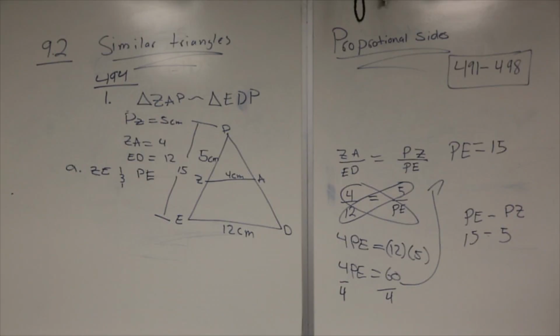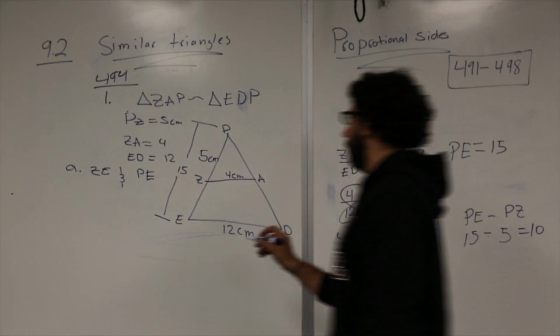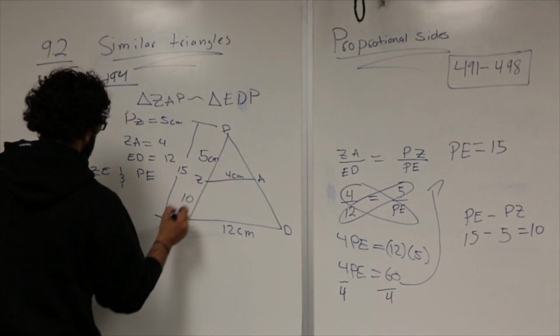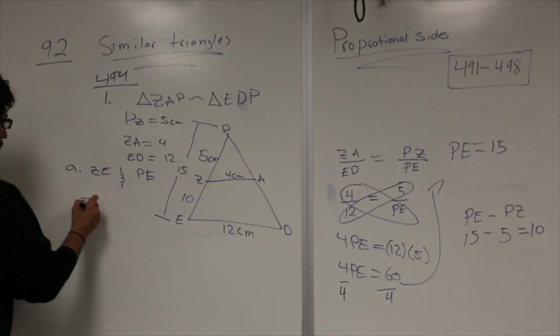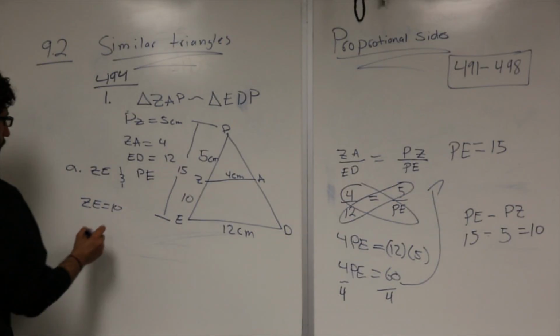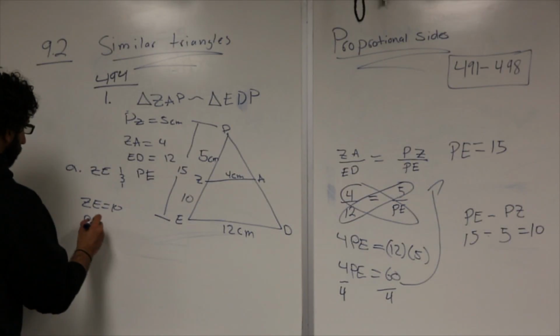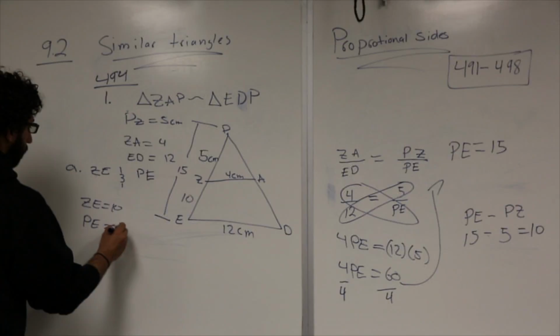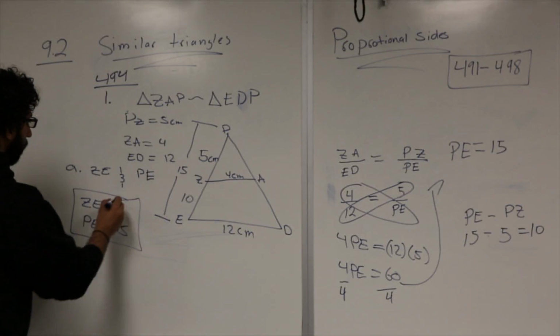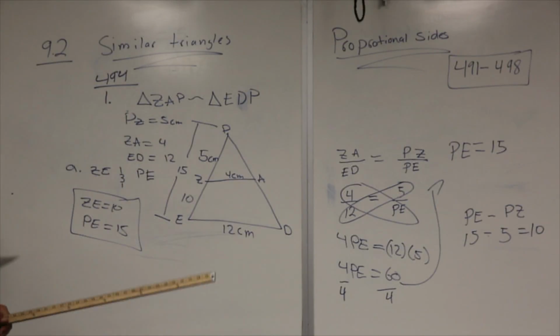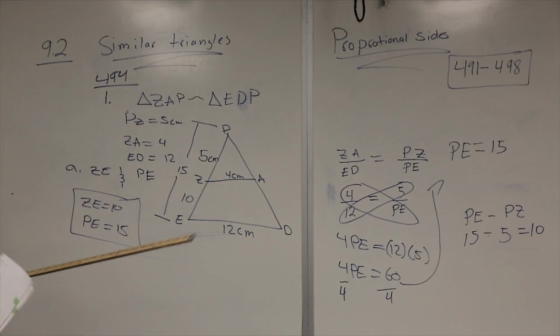I hope you can see this. So PE is 15 minus PZ, which is 5. You get 10. So ZE ends up being 10. So ZE is equal to 10, and PE is equal to 15. And those are your answers for question 1 on page 494.